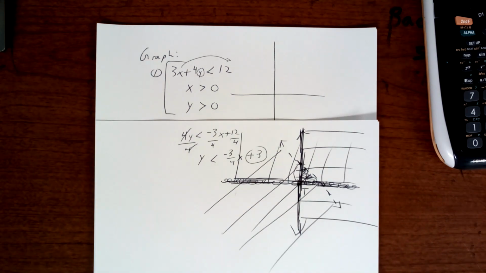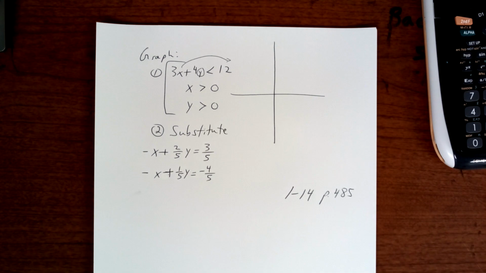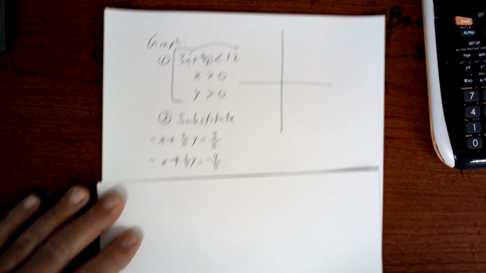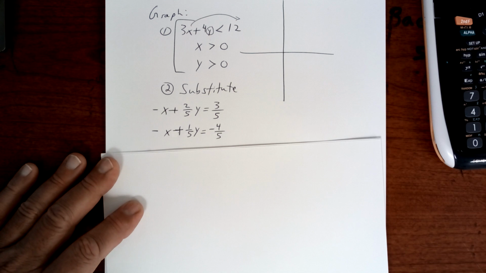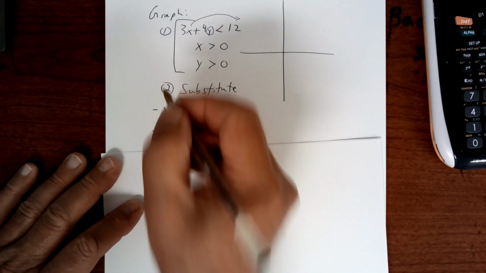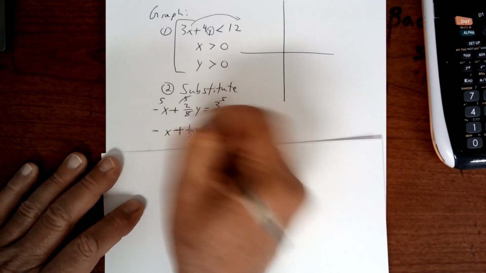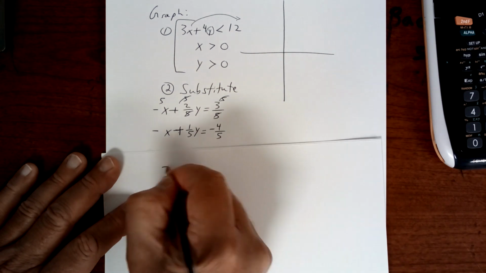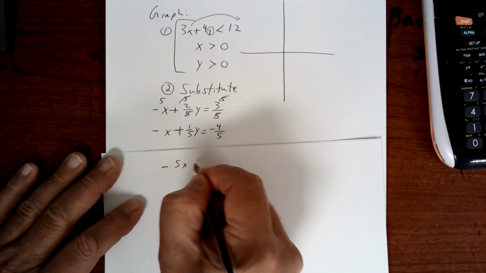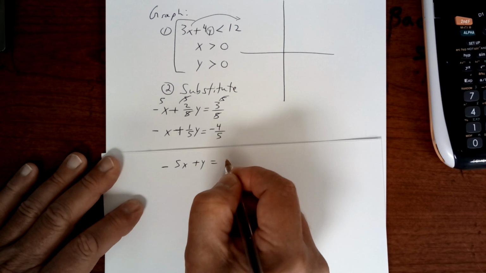Okay? All right, let's talk about this one, substitution. In order to do substitution, you got to first, well, what I would do is clear my denominator. So I would multiply by 5 to get rid of these. So I'm going to get negative 5x plus y is equal to 3.